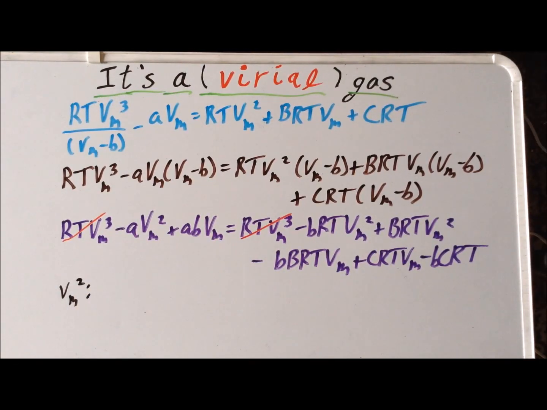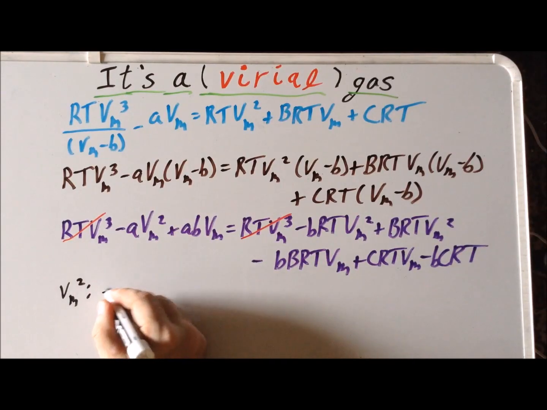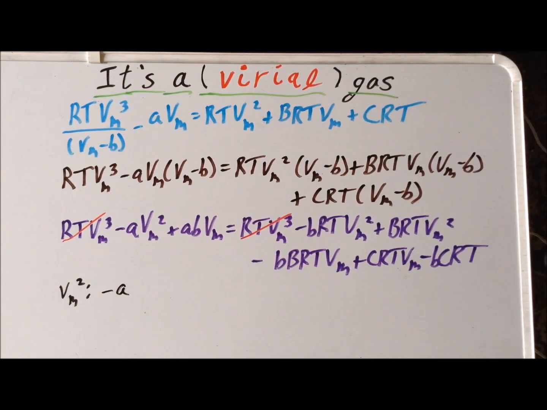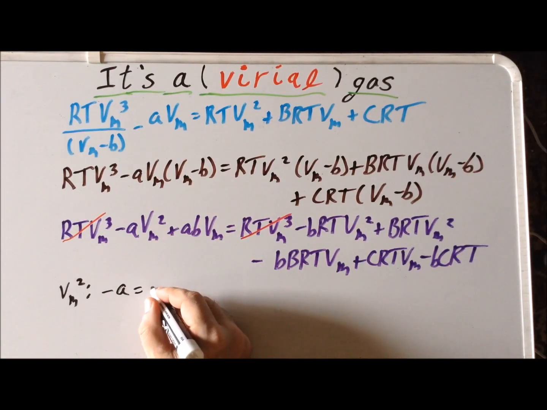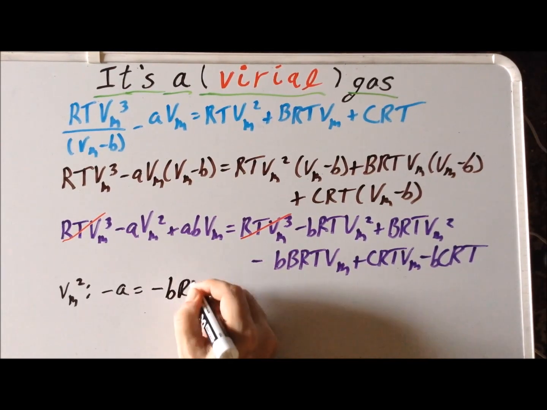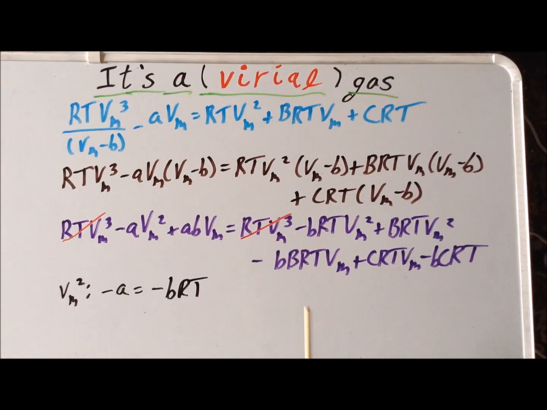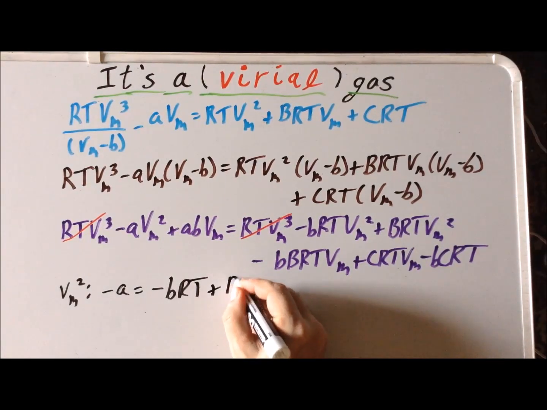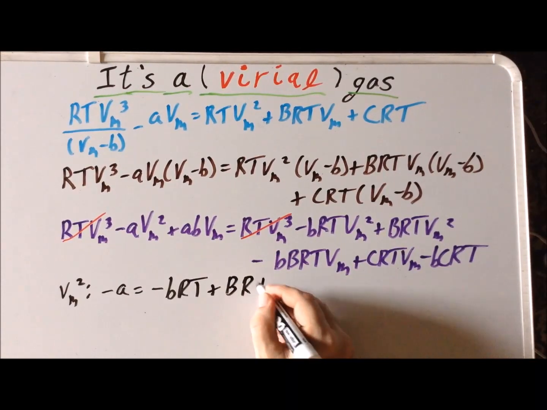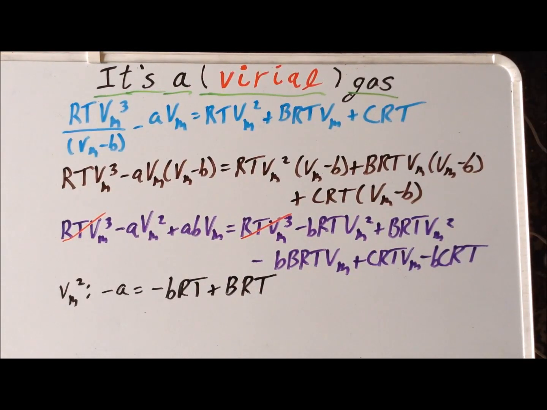On the left-hand side, the molar volume squared has a coefficient of minus a. And on the right-hand side, it has a coefficient of minus little b RT plus big B RT. And so those are the coefficients for the molar volume squared.